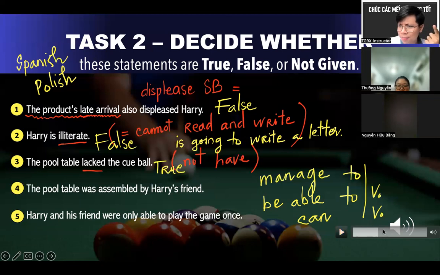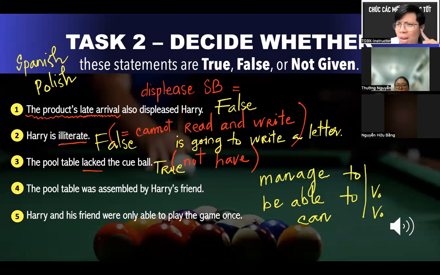You hear that? Manage. I managed to what? To follow the diagrams. Very good. He followed the diagram. However, I heard he said, I can't believe you didn't include English in the booklet.